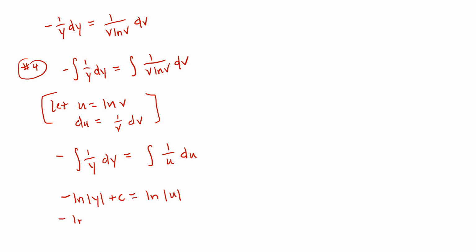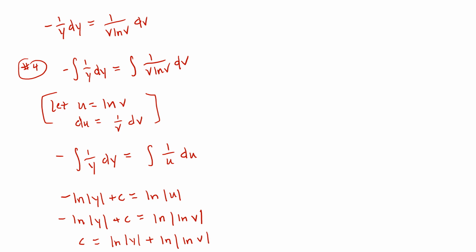I know u is the natural log of v, so I can rewrite that as the natural log of the natural log of v. So then c equals the natural log of y plus the natural log of the natural log of v.